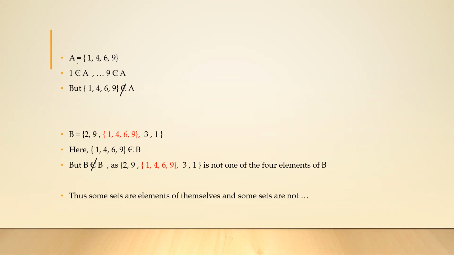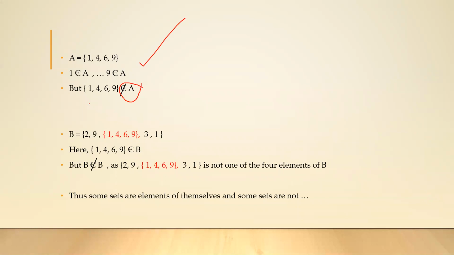You know that 1 belongs to A, 4 belongs to A, 6 belongs to A, and 9 belongs to A. But when you think about the set {1, 4, 6, 9}, it is not an element in A, because you have only 4 elements in A. So normally we say that A does not belong to A. 1, 4, 6, 9, they individually belong to A. But when you take the whole set, it does not belong to A. Okay, so that is one case.